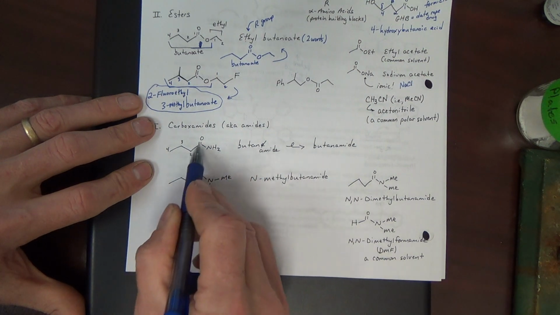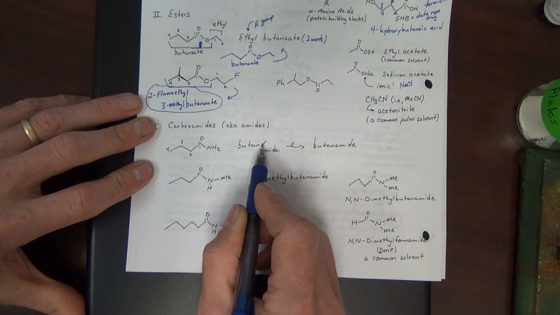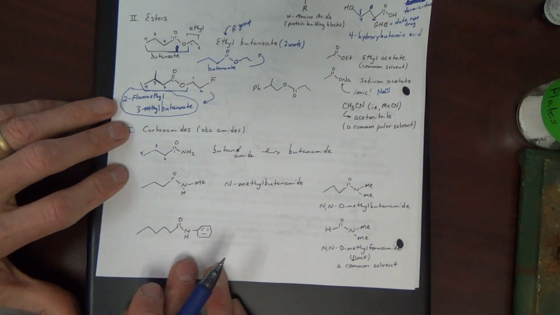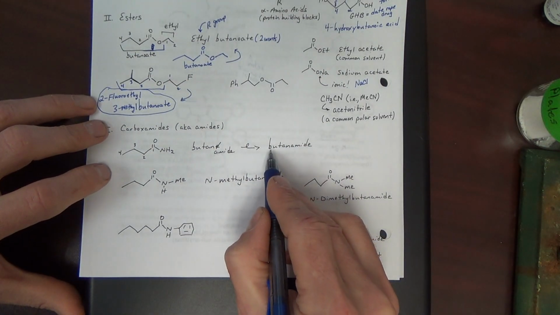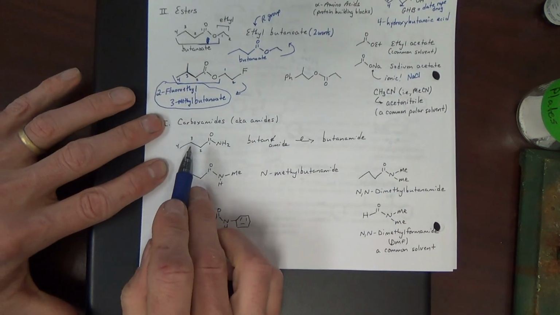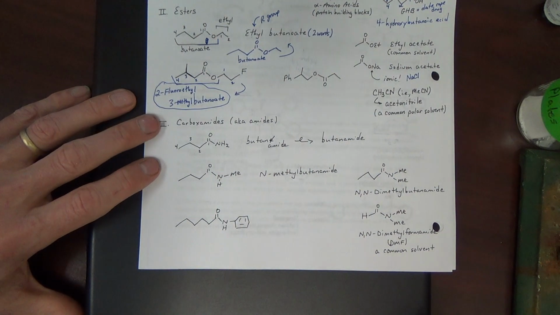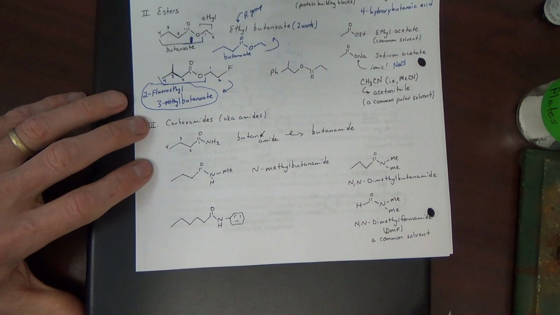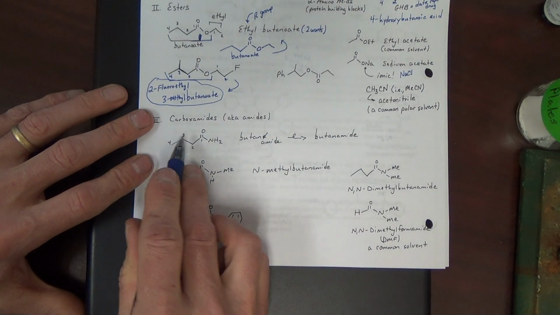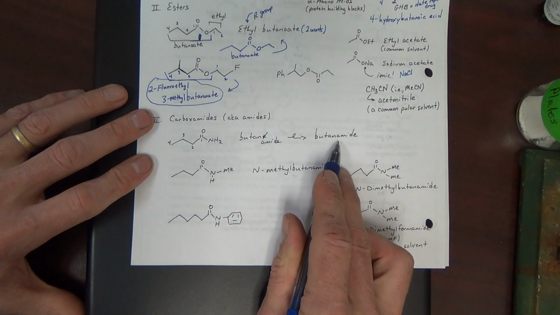Instead of a butane, we see that it's an amide. We replace the E with amide. And the name becomes butanamide. So this is butanamide. And for example, if we had a chlorine on this carbon, it would be 3-chlorobutanamide.